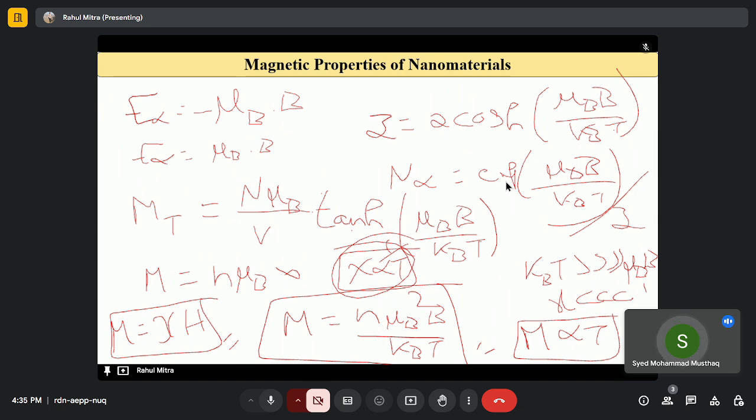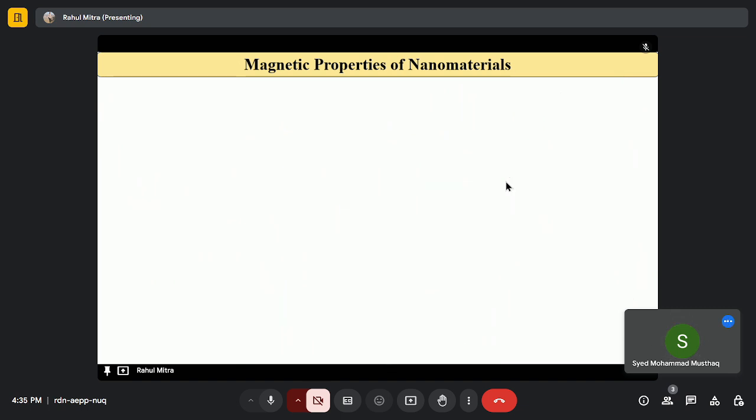Now moving on to ferromagnetism. Here the assumption no longer holds. The true case is the interaction of the spins; the spins interact with each other.